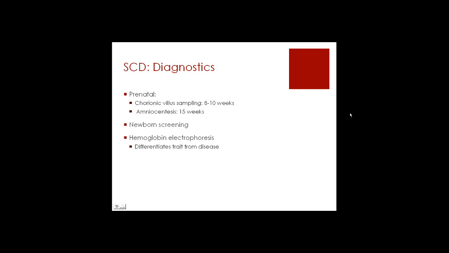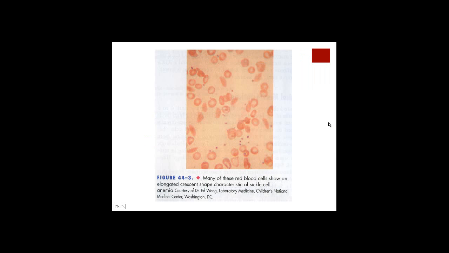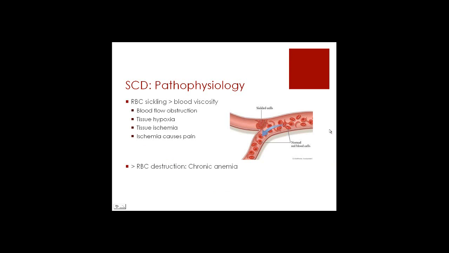Before I actually go into this, I'm going to back up, sorry about that, for 1 second. There's one more way that I like to look at the pathophysiology. Since we know that hemoglobin S can sickle in times of hypoxia, it's important to note that acidosis and dehydration can also cause this.